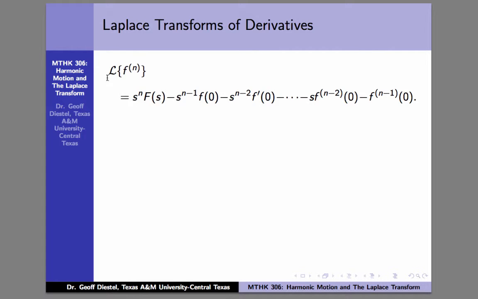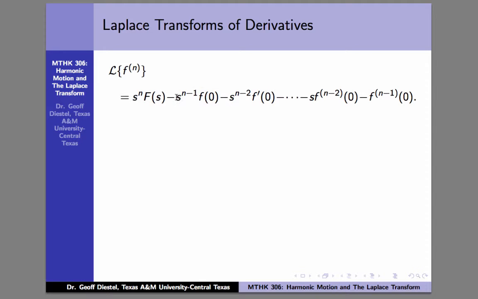When you compute the Laplace transform of an nth derivative of something, let's just look carefully at what we have. The first term is a power times the Laplace transform of f. And then we have to subtract off a whole bunch of terms. We subtract off lower and lower powers of s times higher and higher derivatives of f evaluated at 0.